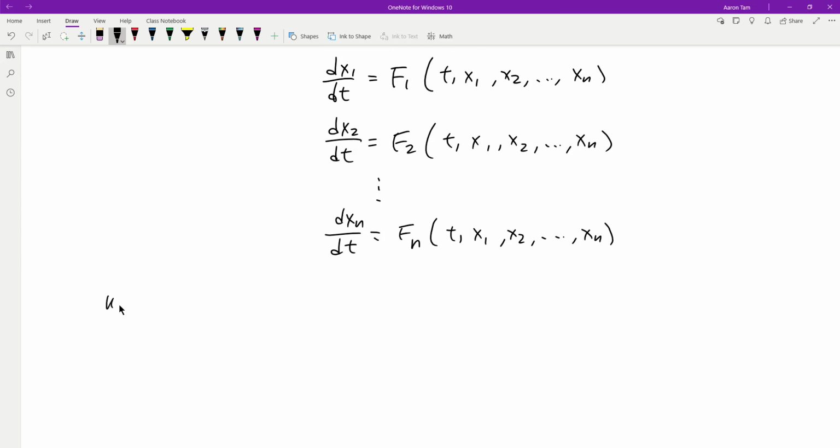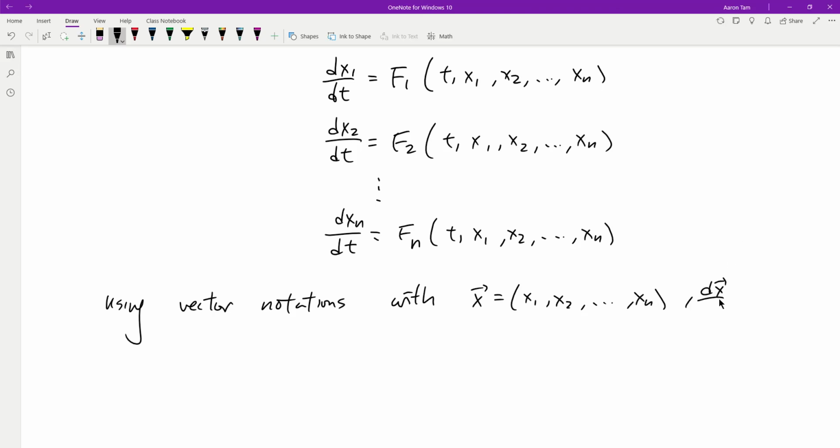So, of course, what we're going to do is use vector notation with the following: vector x equal to (x1, x2, dot dot dot to xn).